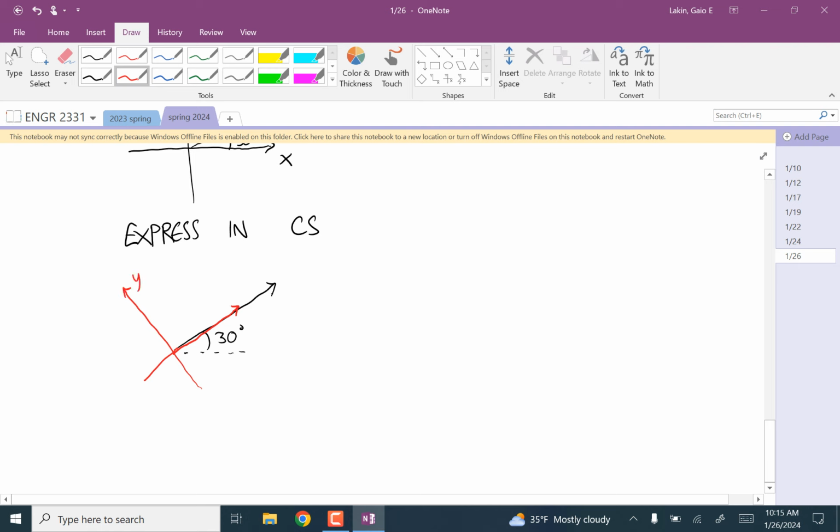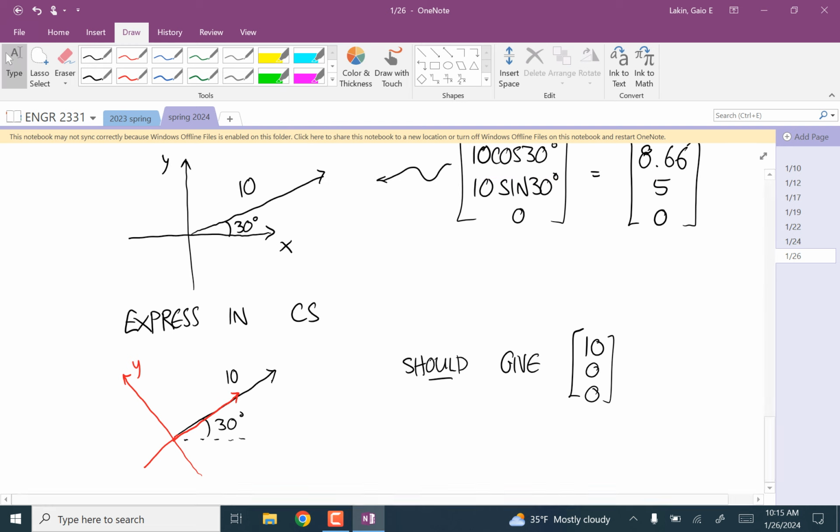Well, it's pretty easy to figure out: if it has a length of 10 still, then that's just going to come out to be 10 for x, 0 for y, 0 for z, right? But let's see that happen with the matrices. It should give 10, 0, 0. Okay, so let's think about the rotation of the coordinate system.